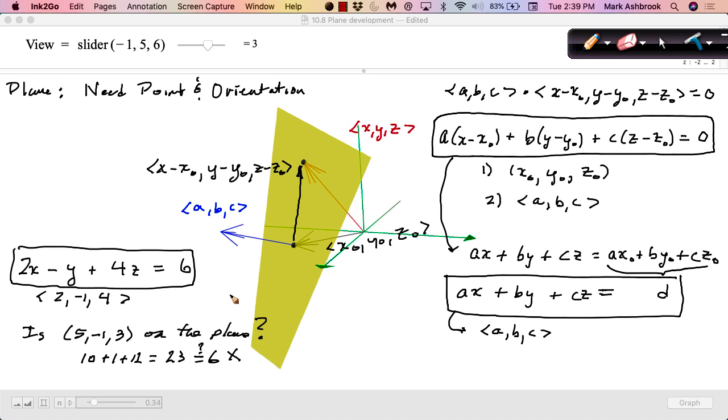So see if you can find 3 points on the plane. Can you find 3 points on the plane? Anything you want, right? Any ordered triple that makes that true will be on the plane. So make it easier on yourself.